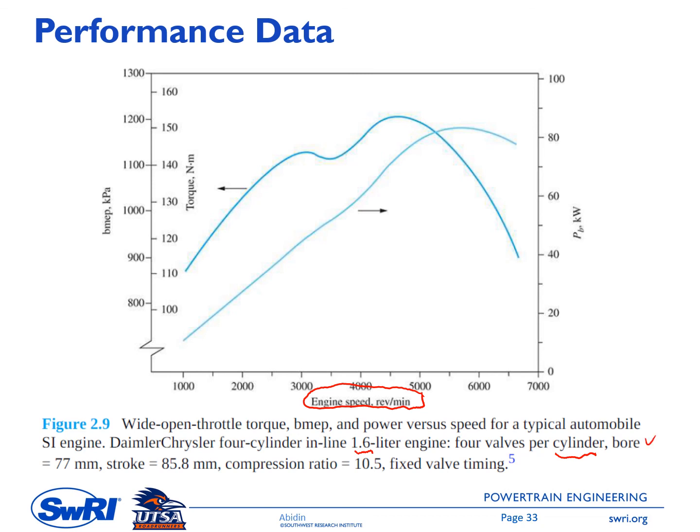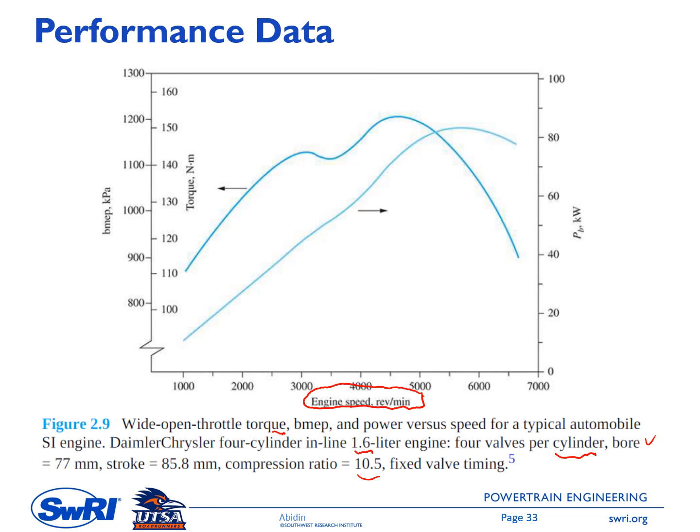The bore is 77, the stroke is 85.8 millimeters, and the compression ratio is 10.5. You can see that the engine brake power increases with engine speed, and this is the wide open throttle data, so it is at max load for each engine speed.